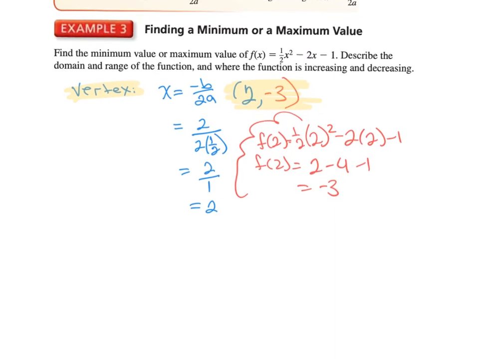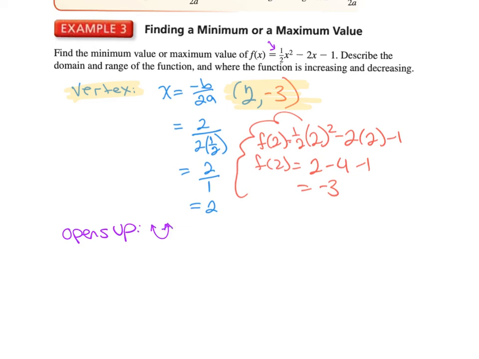All right, so what else do we need? Is this a minimum or maximum value? We need to state it as a minimum or maximum. So let's take a look. That a value is positive, so that means this parabola opens up. Without even graphing, I know it's shaped like this.